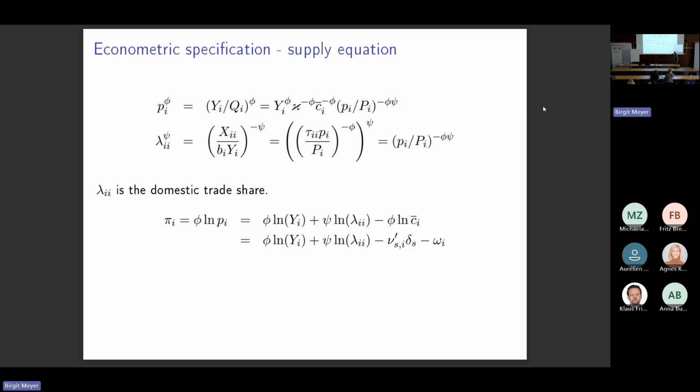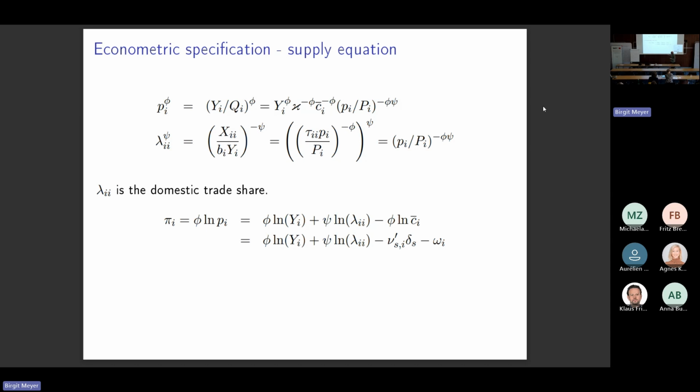So this comes in, and then as a second step, they said, well, let's check this term up here. That's observable. This has determinants. This is not observable easily. However, you can check out the share of domestic trade in output, in the value of output.